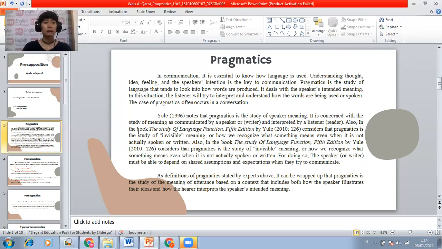Also, the book The Study of Language, fifth edition, by Yule, 2010, page 126, considers that pragmatics is a study of invisible meaning, or how we recognize what something means even when it's not actually spoken or written.